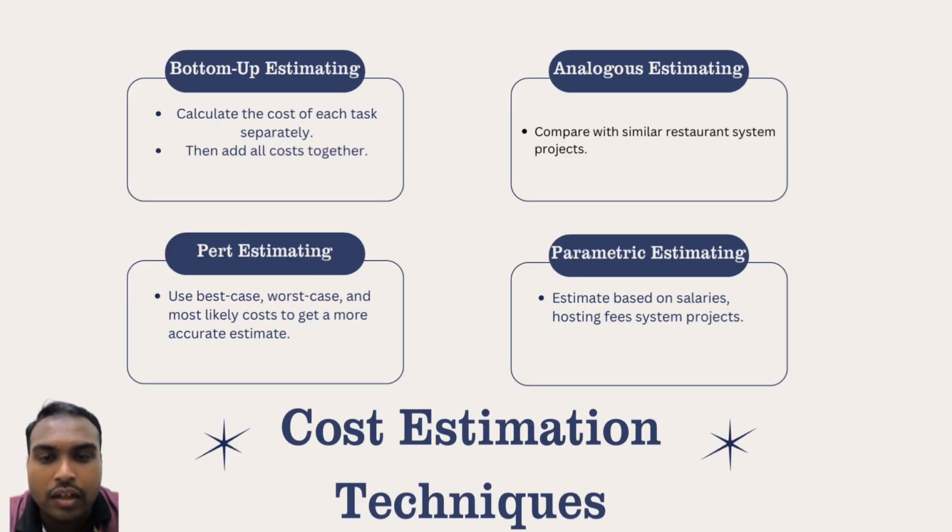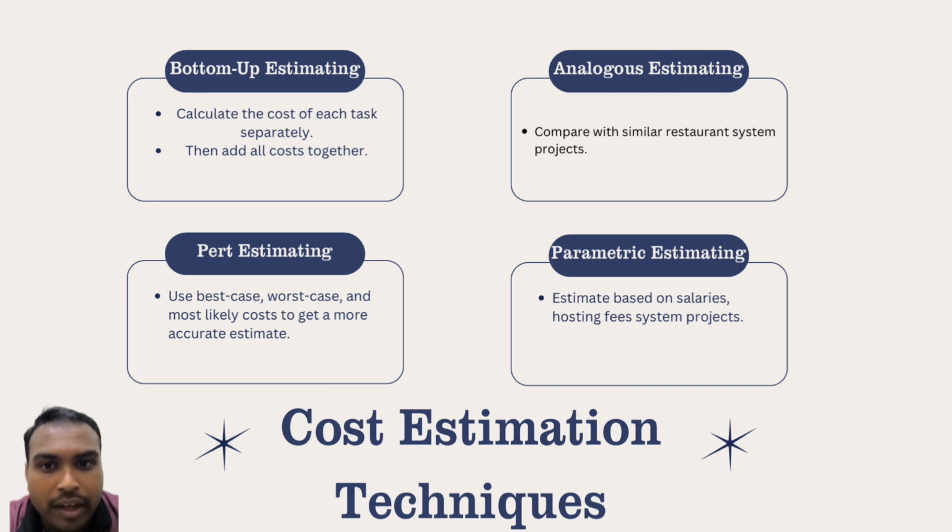Let's see how to estimate the project cost. We use 4 techniques. First, bottom-up estimating, where we calculate the cost of each task and add them together. The second one is analogous estimating, where we compare our project with similar restaurant management system projects.